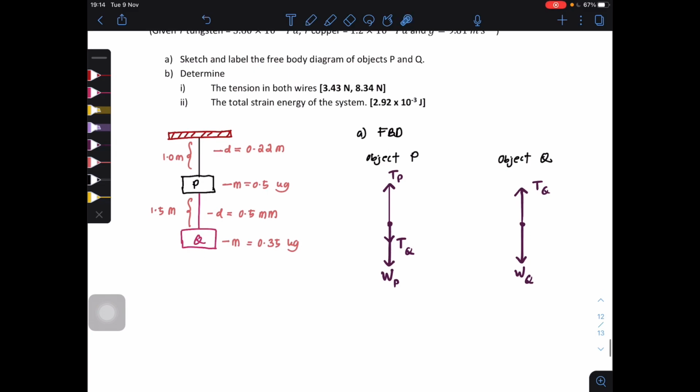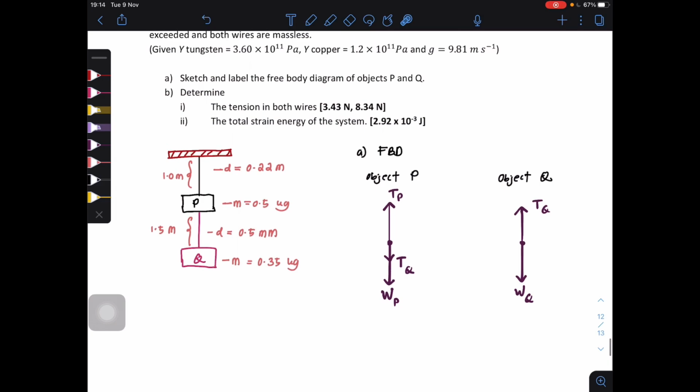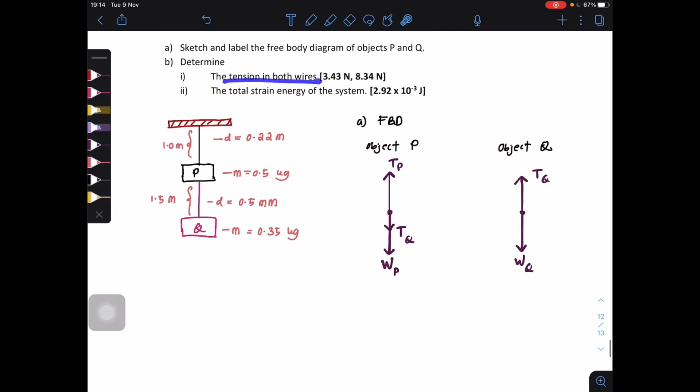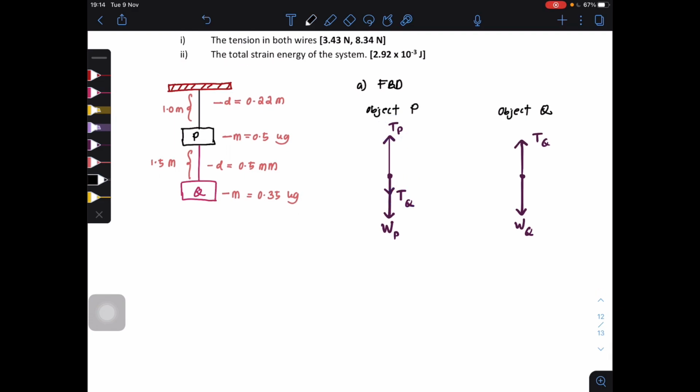So this will be the FBD for the object P and Q. Okay, so lepas kita sudah ada FBD, we can determine the tension in both wires. Maksudnya kita mau cari TP and TQ. So for B, we want to find TP and also TQ.